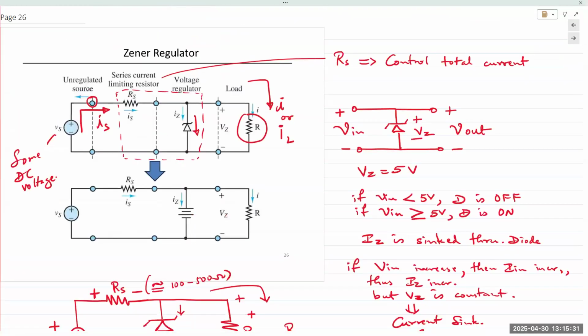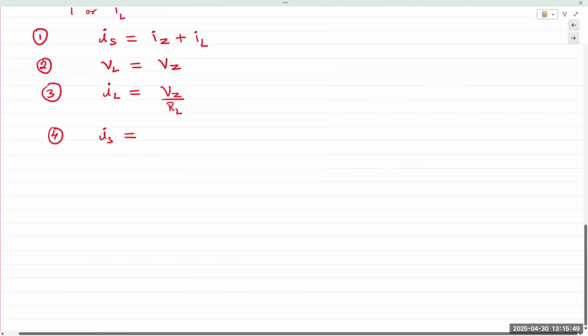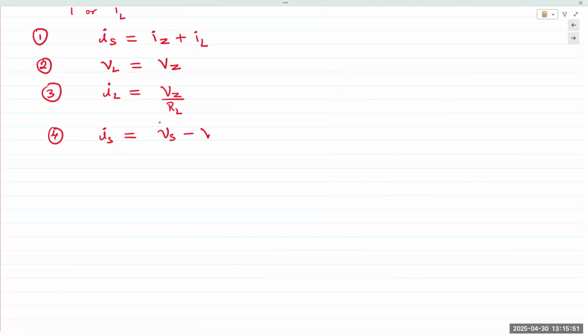So there's VS at this point, and there's VZ at this point. So IS can be described in terms of the difference between VS and VZ. The total supply current is VS minus VZ over the series resistance RS. These are the four points that you have to keep in mind. Okay, so far so good.